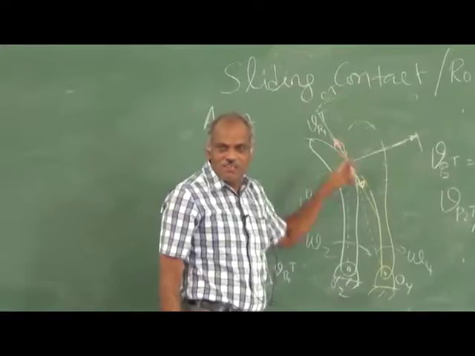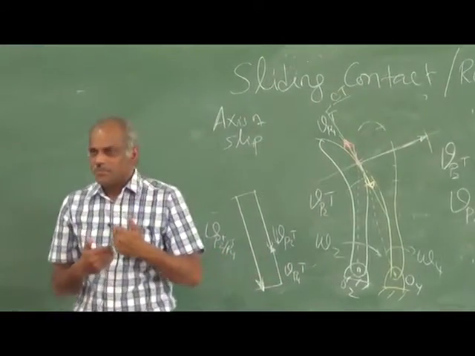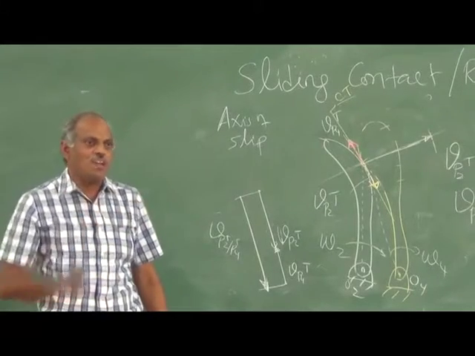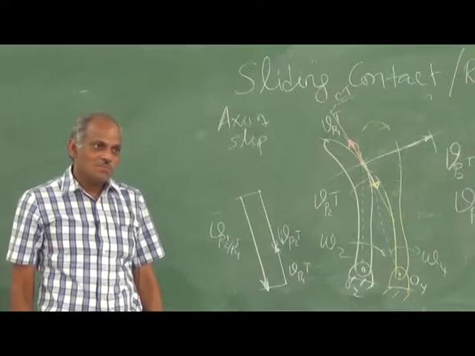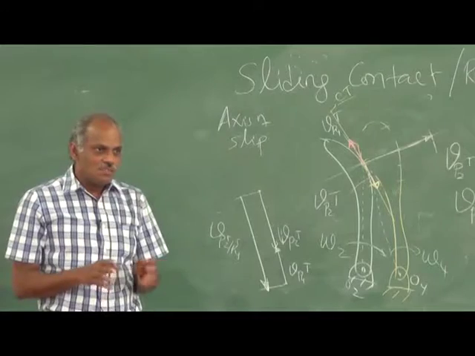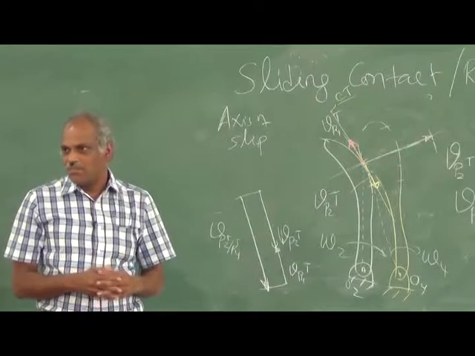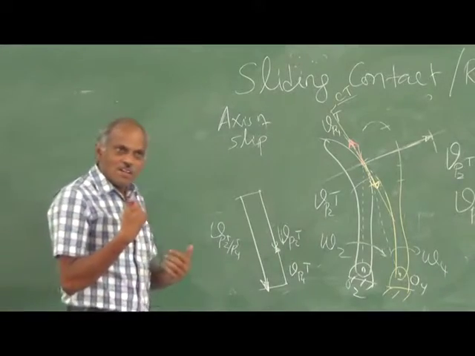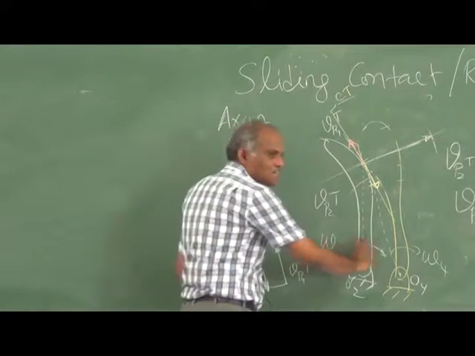So if there is friction involved and there is a relative motion, and if they happen to be in the same direction, then you have to do the work, which means there will be a loss of energy in transmission.